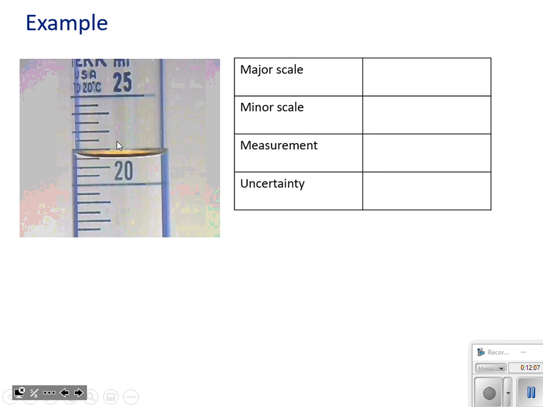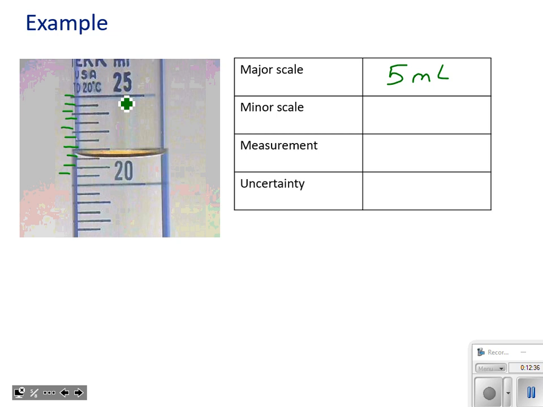Now, as I look, my major scale 20, my major scale 25. So, my major scale is 5 milliliters. Oh boy, this one's gonna be different. Now, as I look, I count 1, 2, 3, 4, 5, 6, 7, 8, 9, 10.